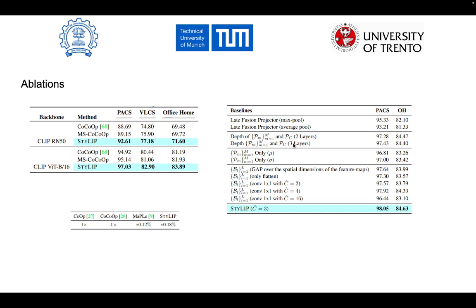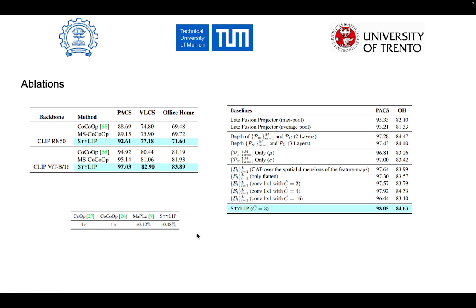We have taken different baseline results for STYLIP: late fusion projectors, average pool, and depth of the projection layers, and how the batch norm features are helping. All this was taken into account as different baselines, and STYLIP ablates them by a fair margin.